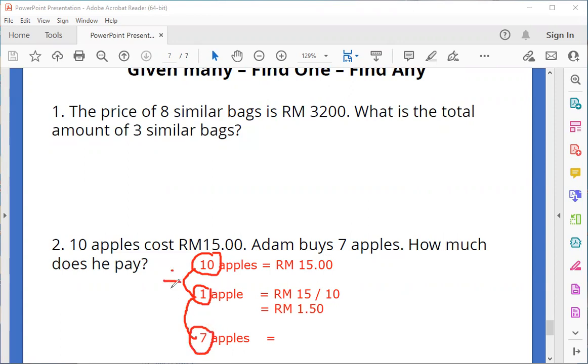So here you do a division and here a multiplication. So to do this, now you take your 1 ringgit and 50 cents and multiply it by 7. Do the calculation, get your answer. All right? That's how you solve these questions.